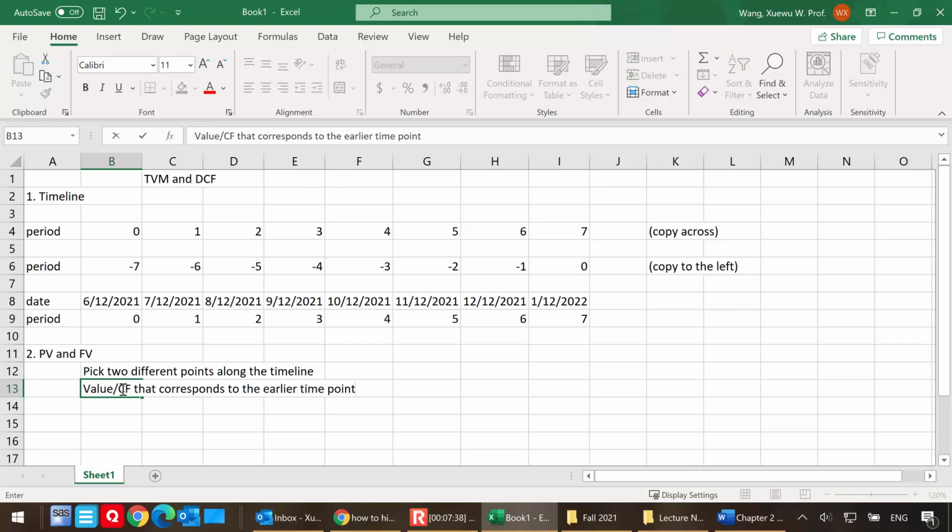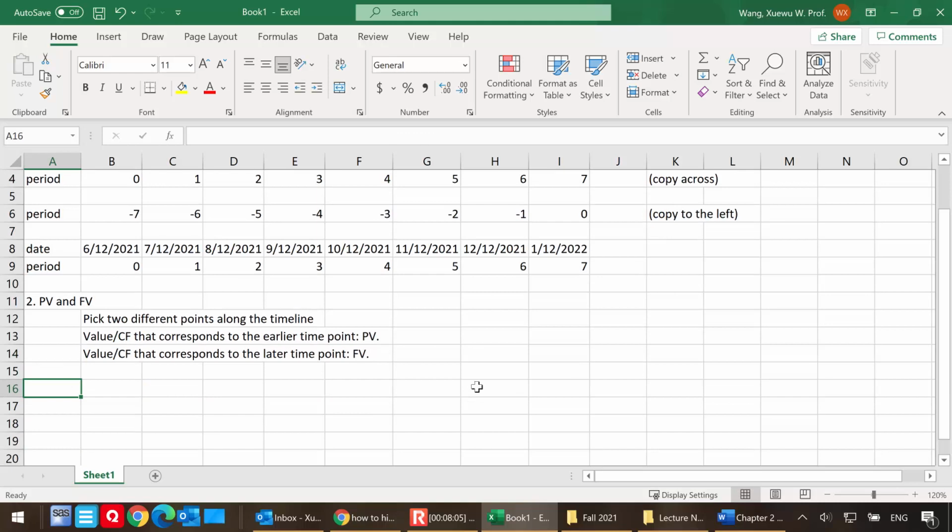Okay, I'm taking a lot of notes here. Sometimes I'm using short notations. All right, so the value of the cash flow that corresponds to the earlier time point, that's present value. All right, so the value or cash flow that corresponds to the later time point, that is future value. So this is how we define present value and future value.